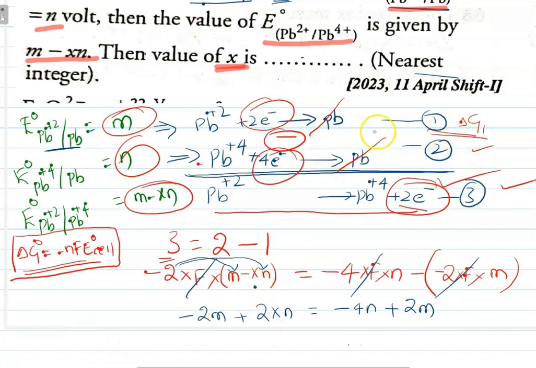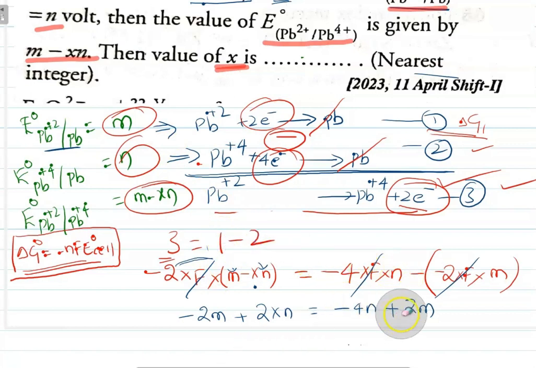Once you check, we have got the third equation by subtracting 1 minus 2, right? But we have taken 2 minus 1. So it's a blunder mistake. So we'll do it as 1 minus 2. So equation 3 is equal to 1 minus 2.